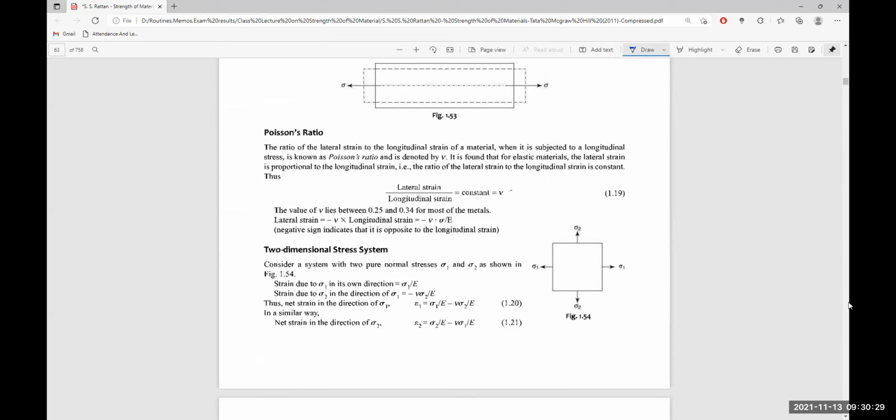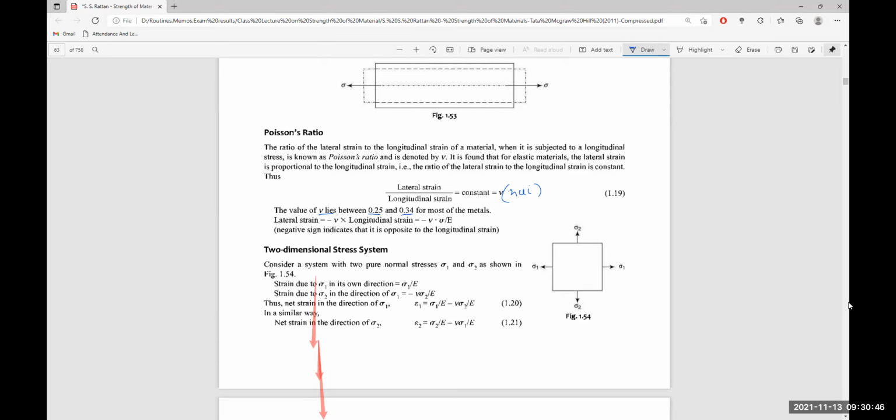This is the constant, which is known as mu. So values of mu work between 0.25 to 0.35 almost for the material itself.